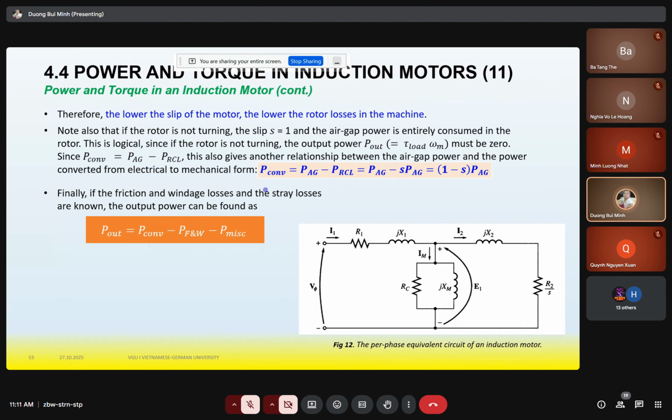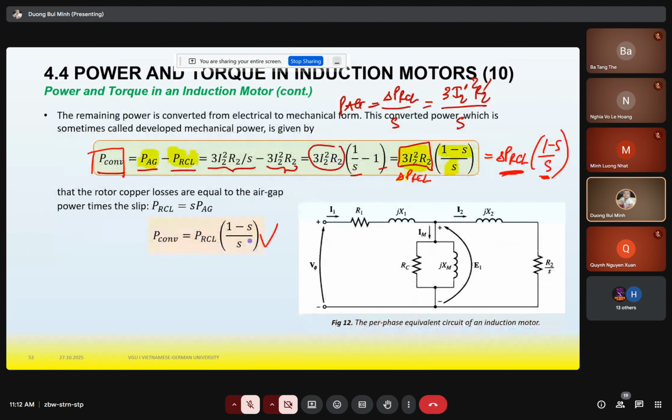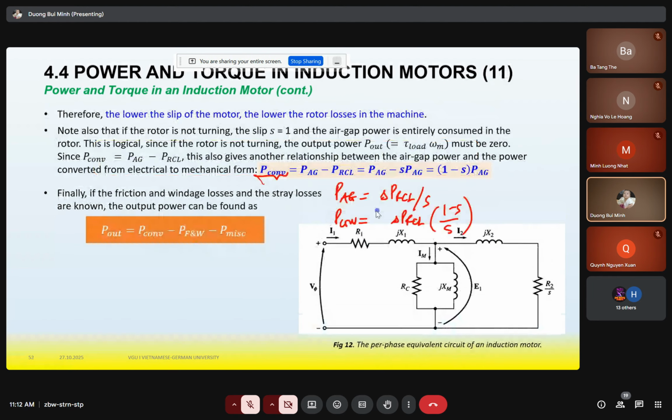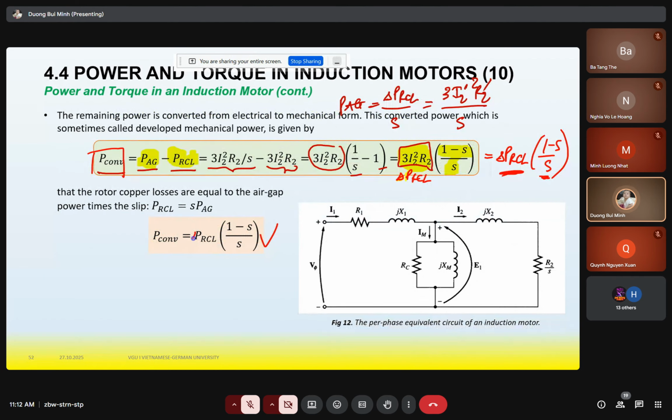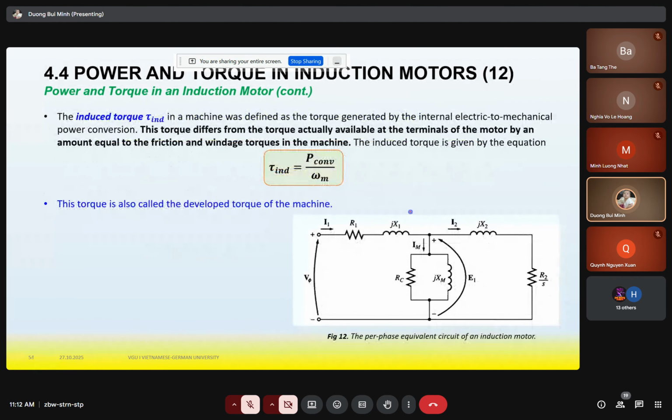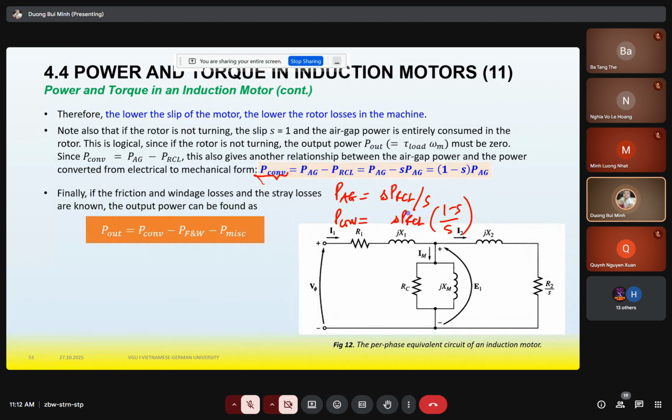So if we know P_convert, we now have P_air gap equals delta P_RCL over S, and P_convert equals delta P_RCL times (1 minus S) over S. So now we find the relationship between P_convert and air gap power.